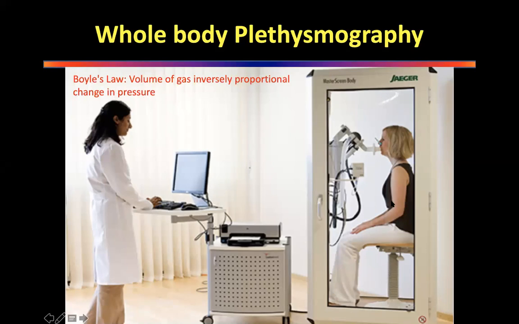So whatever pressure change is measured in this chamber can be used to calculate the change in volume of the gas that's going in and coming out. Did you understand that? So it is an indirect application of Boyle's law.